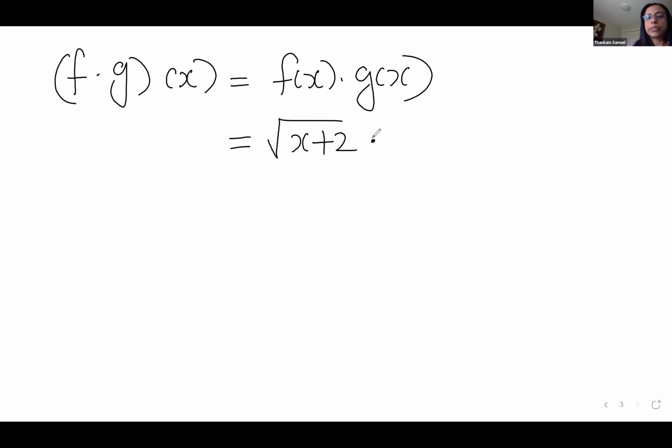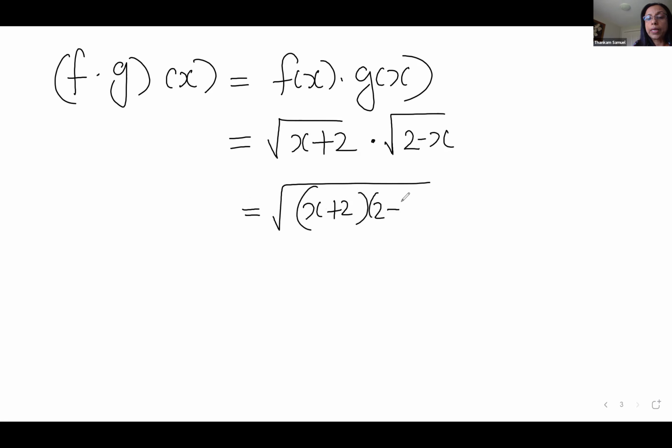The second function is square root of 2 minus x. So we can multiply these two functions together because they have the same index. That is, index is 2. You know that's for the square root. We don't usually need to write 2 as the index. So x plus 2 times 2 minus x. We can keep these two functions under the same radical sign.